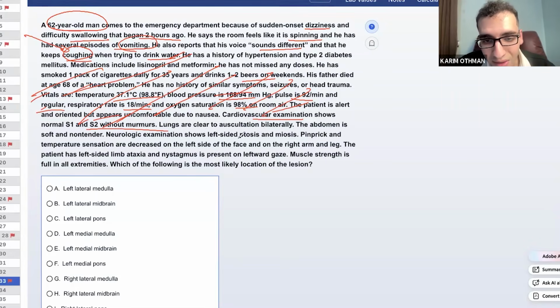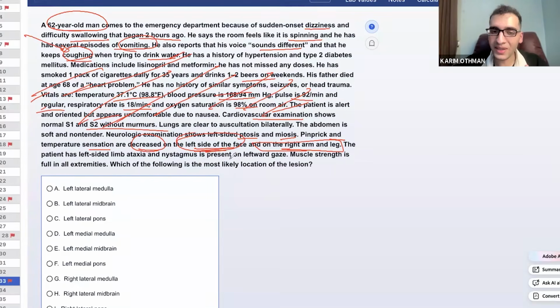They told you there is ptosis and miosis, so that's another Horner syndrome. That's fine, it tells you it's a sympathetic problem. Pain and temperature is decreased on the left side of the face and the right arm and leg. So here is the catch, there is another crossed lesion. Can you see?